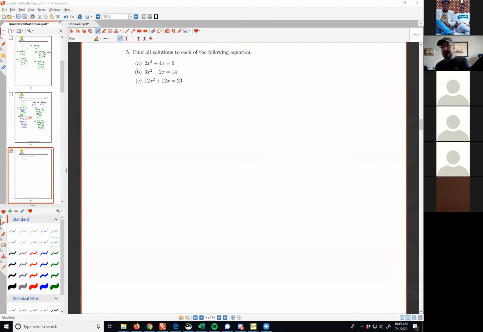So here's the thing. There is no value of a for which x plus a squared turns into 2x squared plus 4x. Why not?